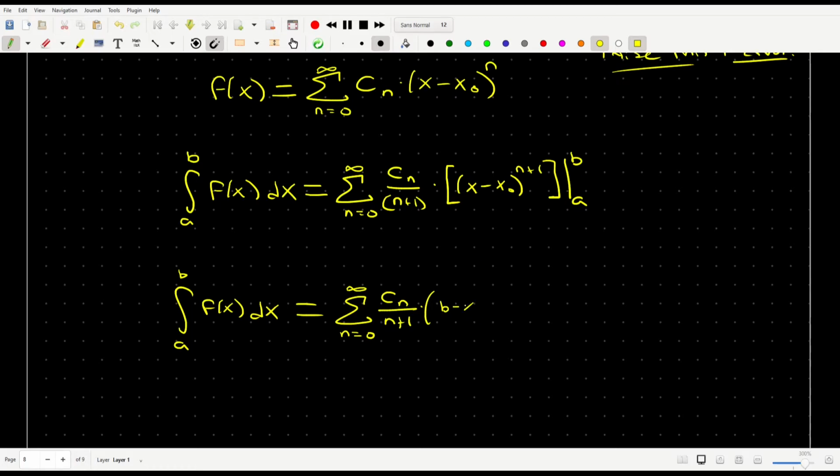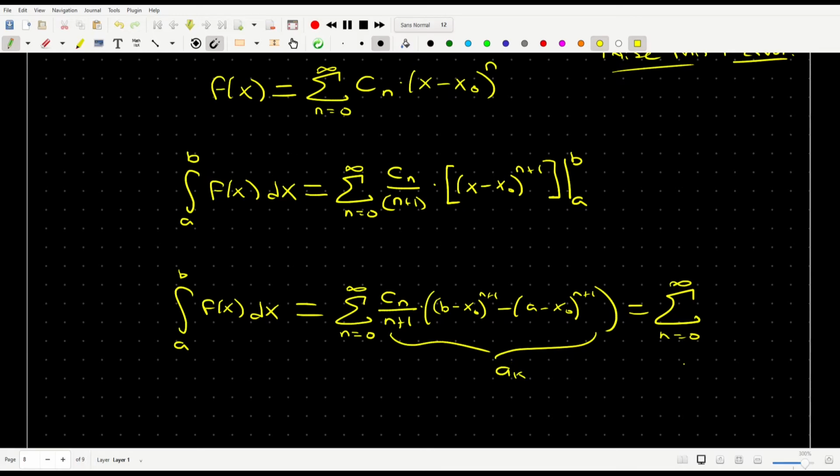So this would be b minus x naught to the n plus 1 minus a minus x naught to the n plus 1, which is an infinite series of values an, we'll say, that gets progressively closer and closer as we add this sum up to the actual value of the definite integral from a to b of the function f of x.